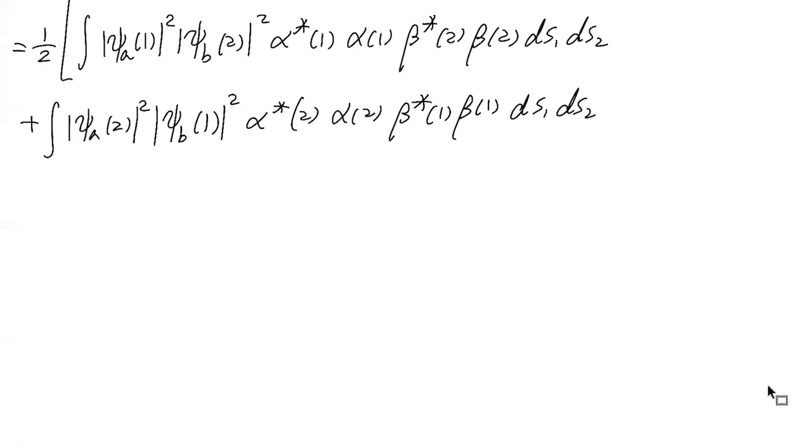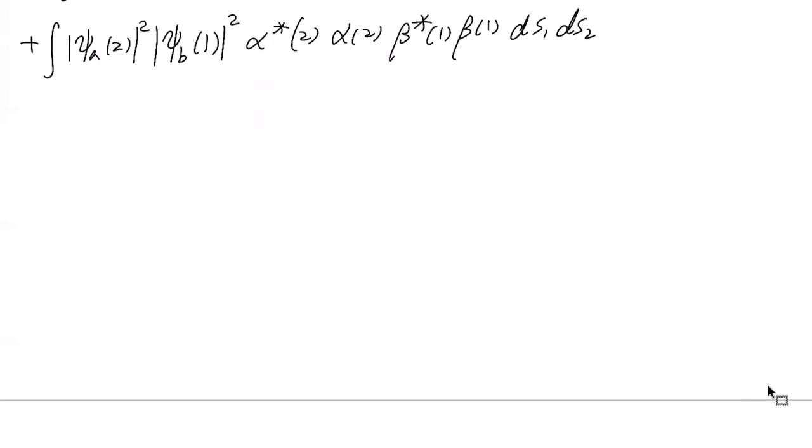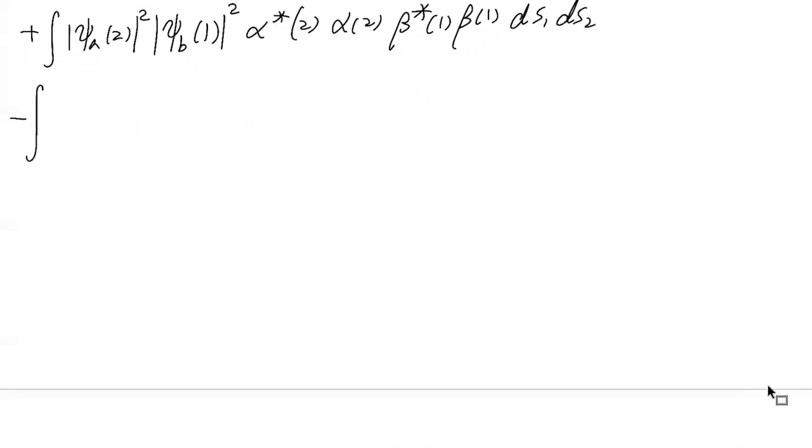Okay. Now, what's left is, of course, the crossing terms, right? You will have 2 crossing terms. This is a pretty long term.